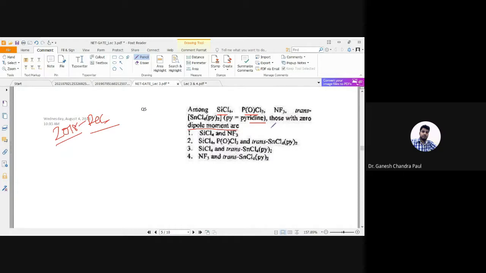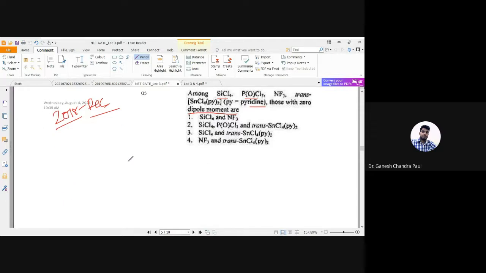Tell me the answer, Saurabh Ghosh. Ranjit, tell me the answer. Among the following compounds, those with zero dipole moment. So, what is the structure of silicon tetrachloride?